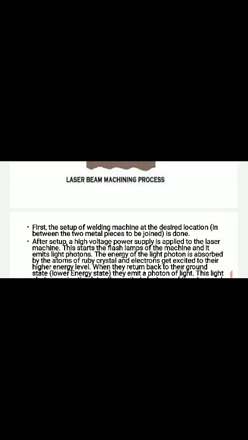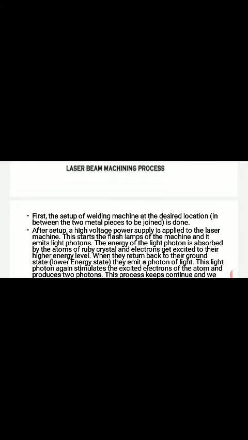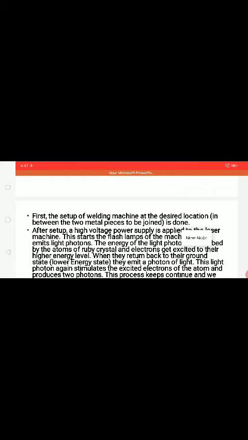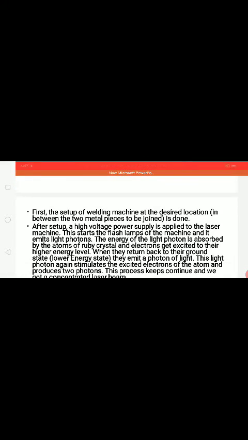So we'll discuss the steps. The setup of the welding machine at the desired location, in between the two metal parts to be joined, is done initially. After setup, a high voltage power supply is applied to the laser machine.